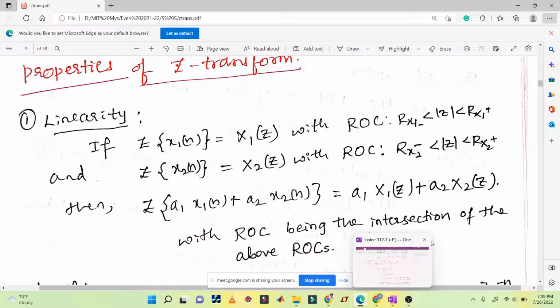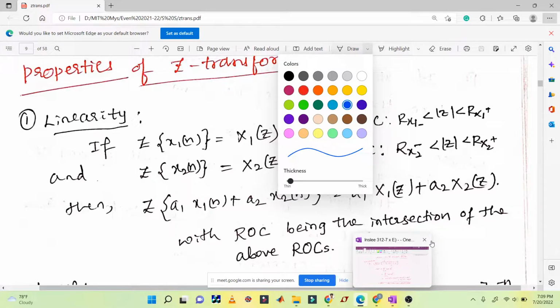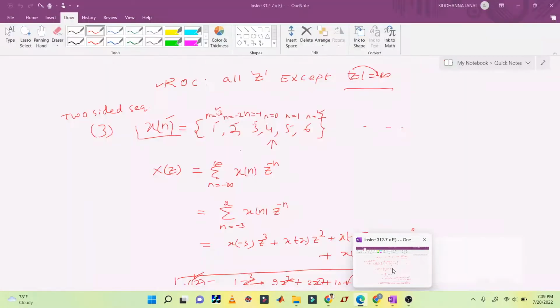Okay. Now, properties of Z transform. Till now we have discussed properties of ROC. Now let us begin with the properties of Z transform. Again, these are very important properties. Okay, let me explain here.